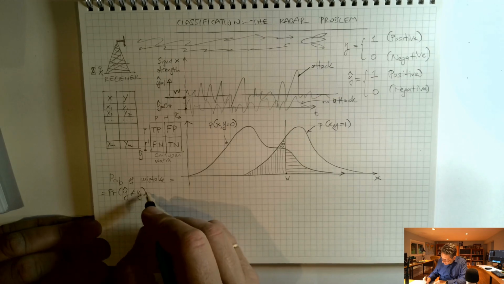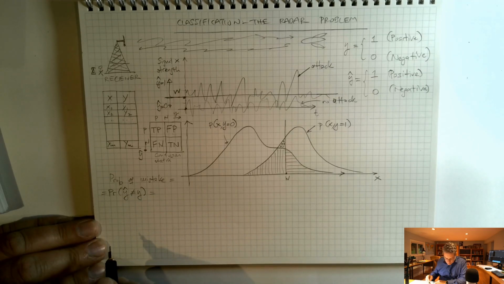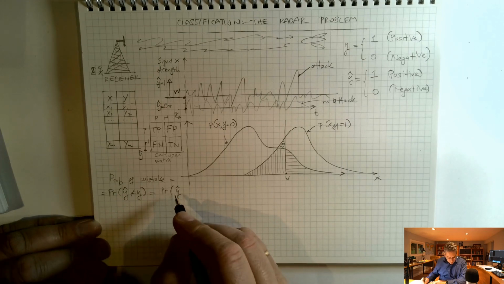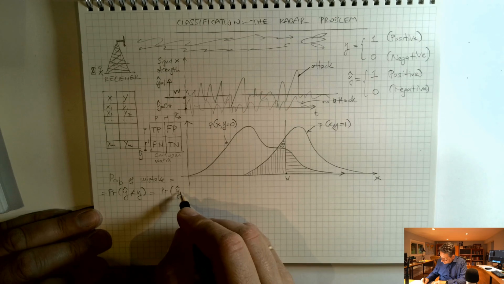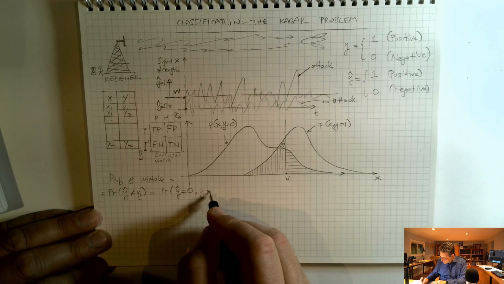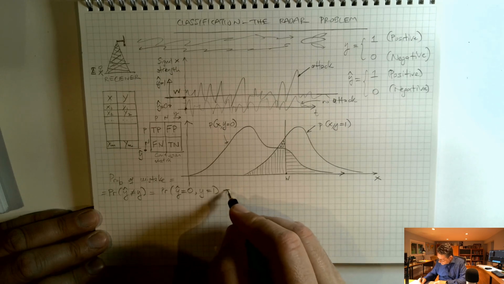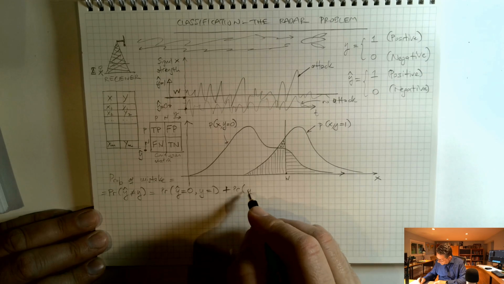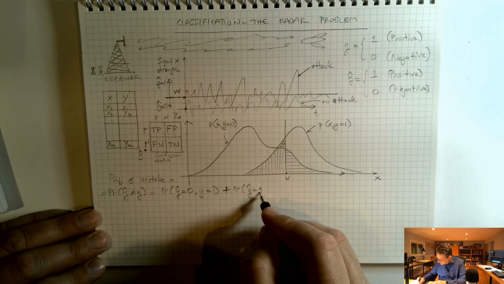And this happens in two instances. The first instance is the probability that we predict no attack is happening when in fact there is an attack happening, plus the events when we are making the opposite claim.